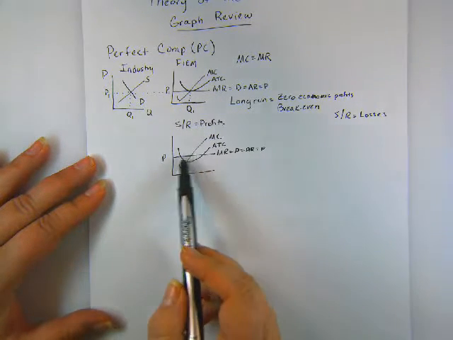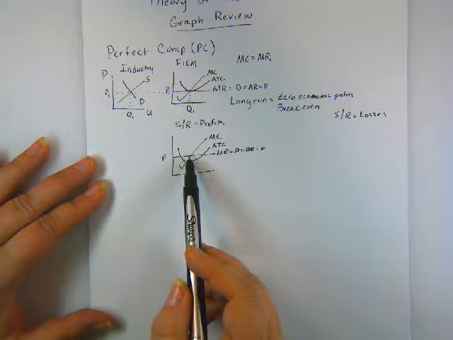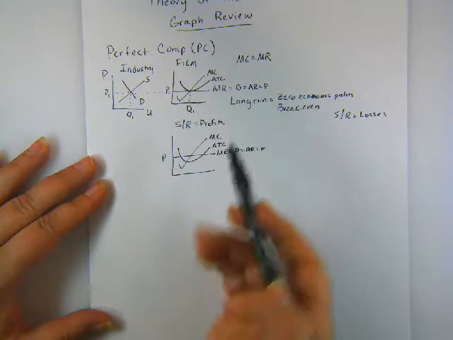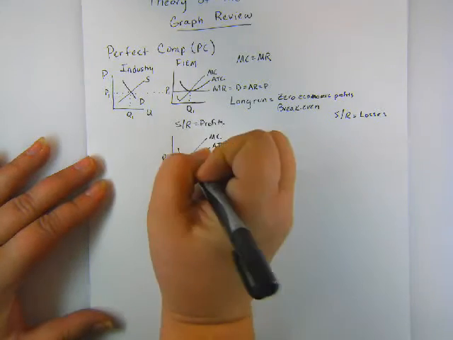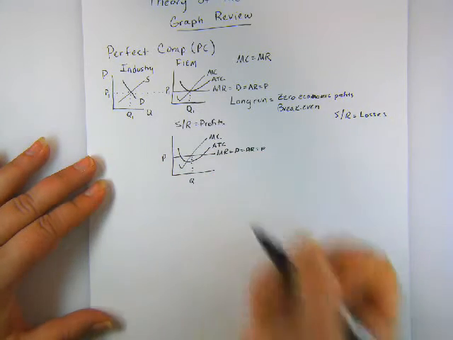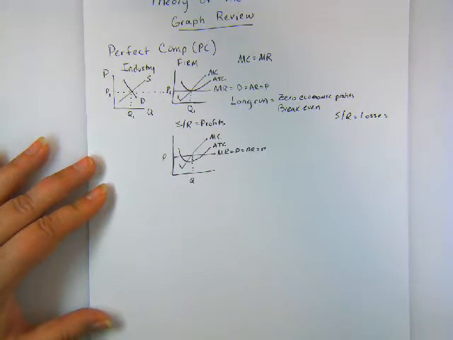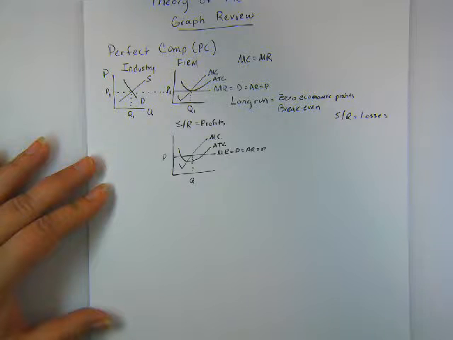So in other words, I'm taking in more in revenue than it costs me per unit to manufacture this good. That makes sense. So in the short run, we can have profits.